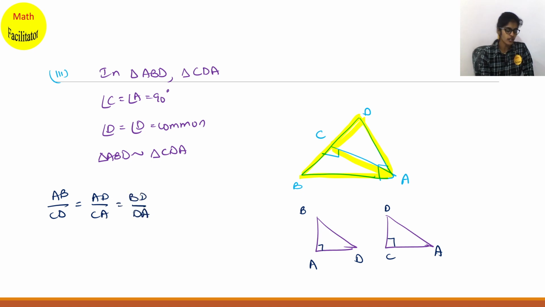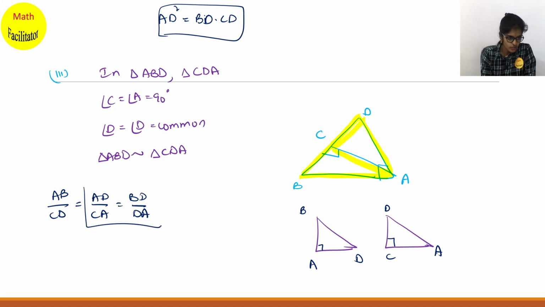So what do you have to prove? You have to prove, let me write it here, AD square is equal to BD into CD. If I take these two, AD square is equal to BD into, I want CD. That means I have to interchange these points. So let's interchange these points.